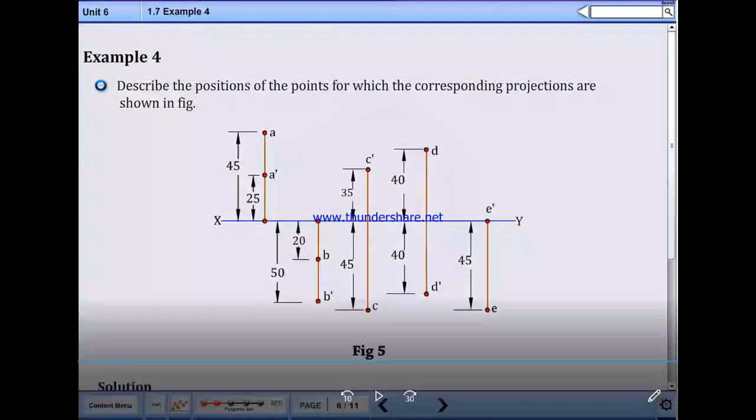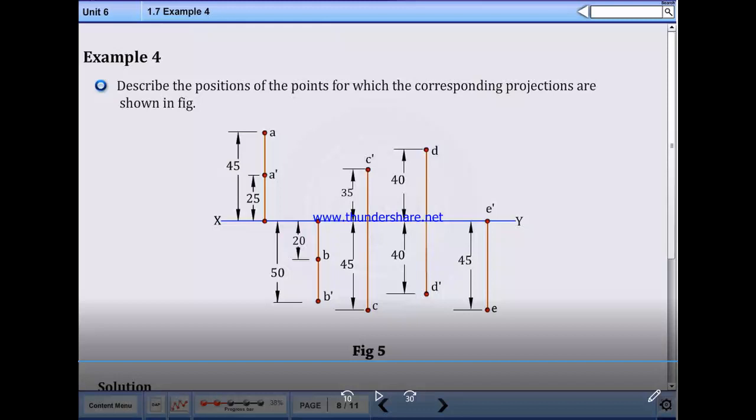Now note down example 4. Describe the position of the points for which the corresponding projections are shown in figure. A dash 25 mm above and A 45 mm below. B below XY line 20 mm and B dash below XY line 50 mm.